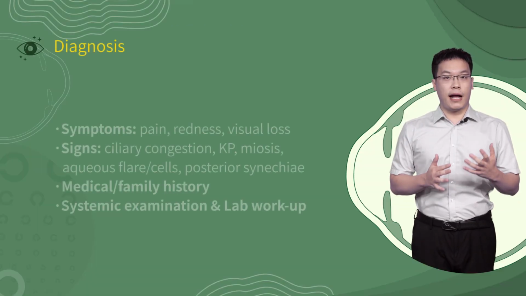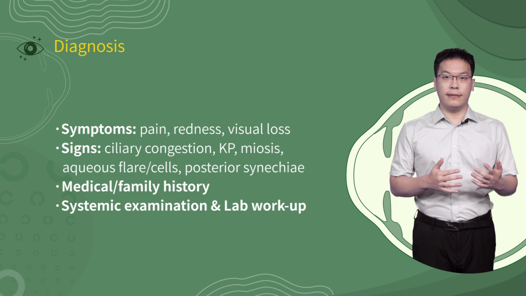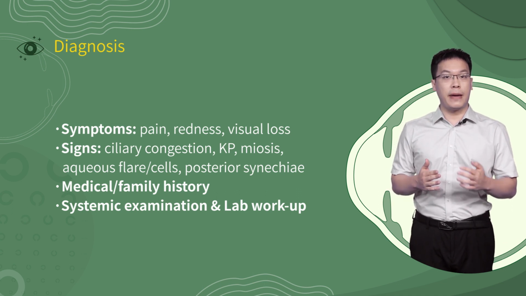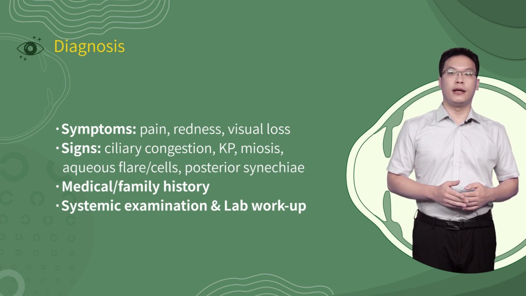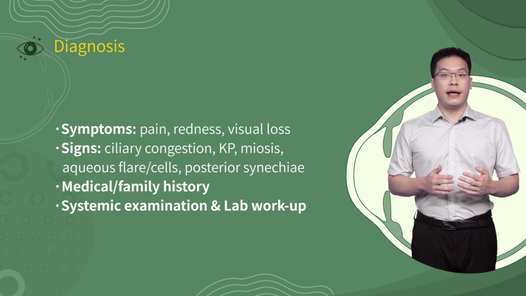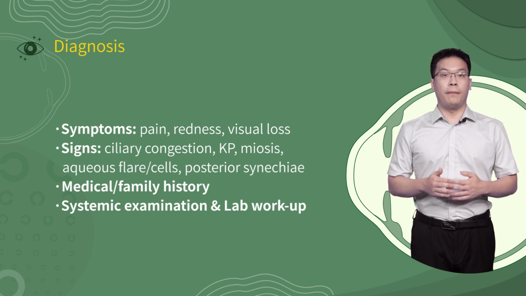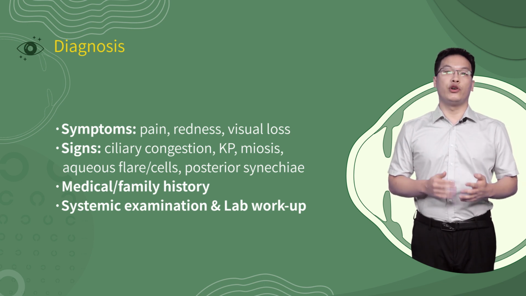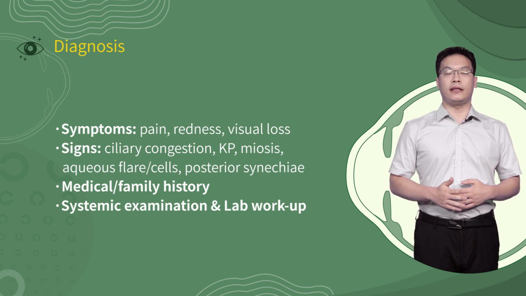So, a patient may come to you complaining of pain, redness, and visual loss, perhaps with a pertinent medical or family history. If ocular examination reveals ciliary congestion, keratic precipitates, miosis, and aqueous flare and cells, then anterior uveitis can be strongly suspected.